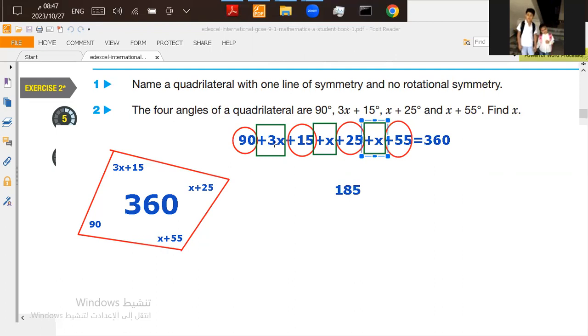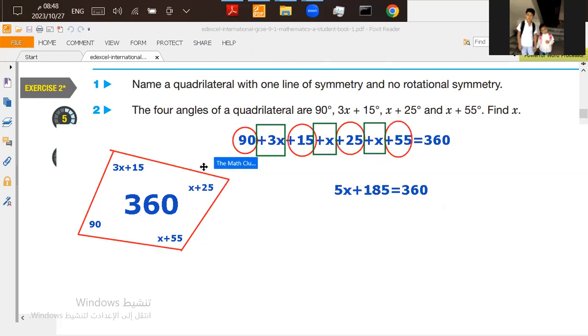So when you add them, 3x plus 1 is 4x, 4x plus 1 is 5x. So I write 5x plus 185 equals 360.